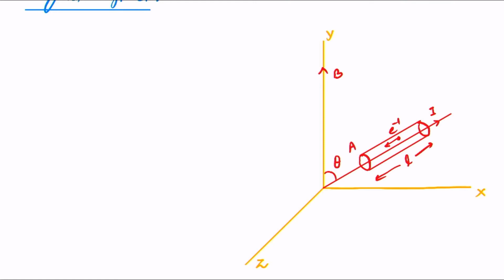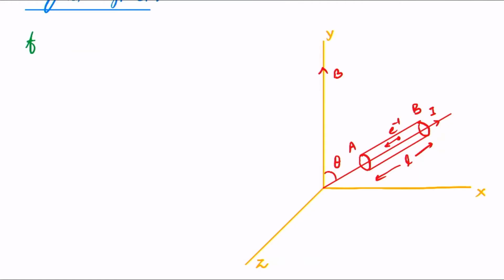This end of the conductor is A and this end is B. As current flows from A to B, the electrons will drift with drift velocity Vd from B to A. Electron is a charged particle, and in the previous article we discussed that when a moving charged particle is subjected to a magnetic field, it experiences a force. So every electron in this conductor also experiences a force.